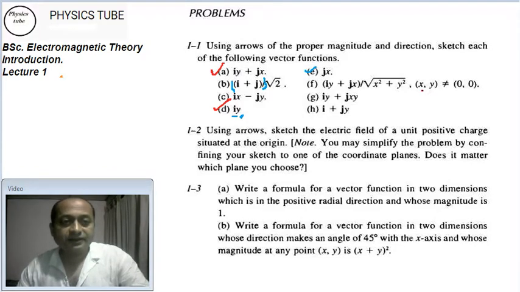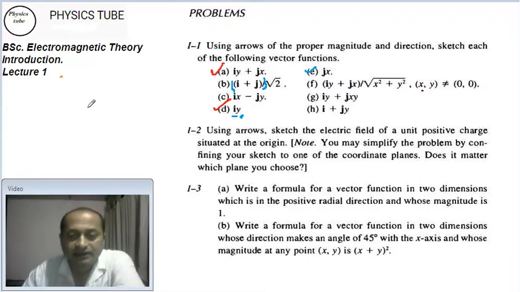So what they are asking you is to write the formula of a vector. I have 2 dimensions, so let me take x and y. They are saying it is making a 45 degree angle with the x-axis.